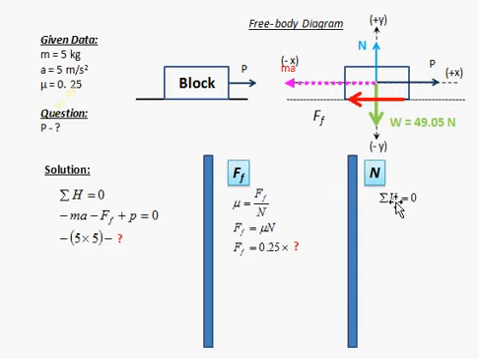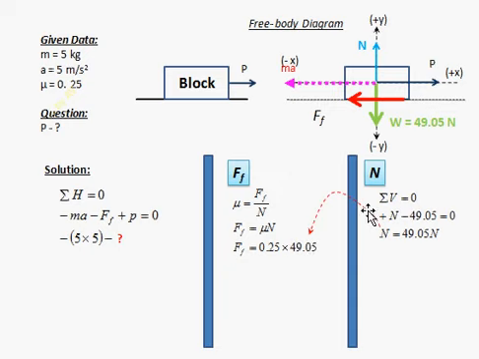So let us use the second equilibrium condition, that is the sum of all the vertical forces is equal to 0. So positive N, that is the normal force, is towards the positive direction of the vertical coordinate system, so plus N, and weight is another vertical force, but it is towards the negative direction of the vertical coordinate system, hence minus 49.05. So by equating we find the reaction force, which is 49.05 Newton.